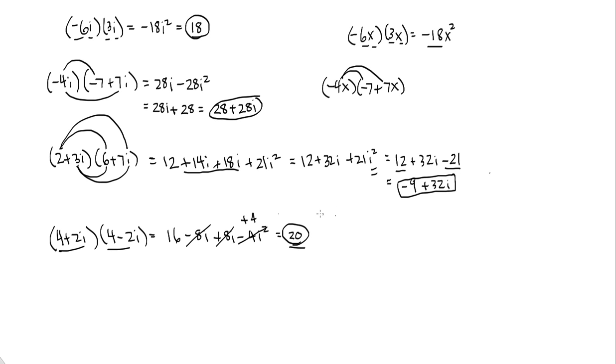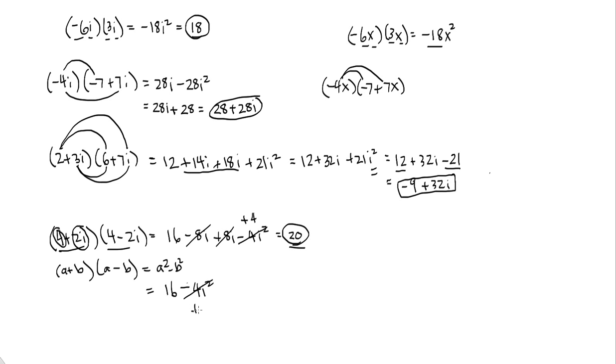I'm pointing this one out because it's what you're going to see when we start rationalizing imaginary denominators in the next video. I also want to point out to you that this is actually a difference of squares problem. And we know that when you do the difference of squares, you get a squared minus b squared, don't you? Well, we could do that here too. a is 4. 4 squared is 16 minus my second term squared. 2i squared is 4i squared.